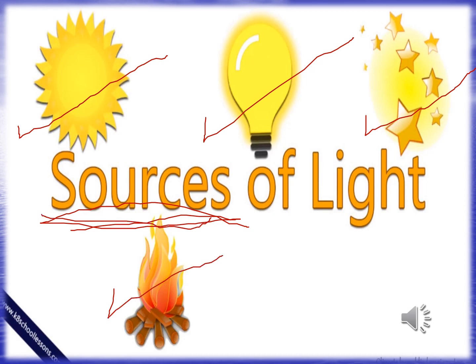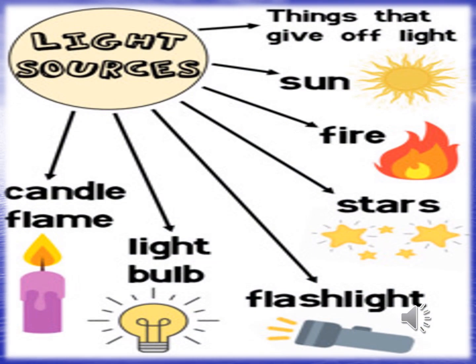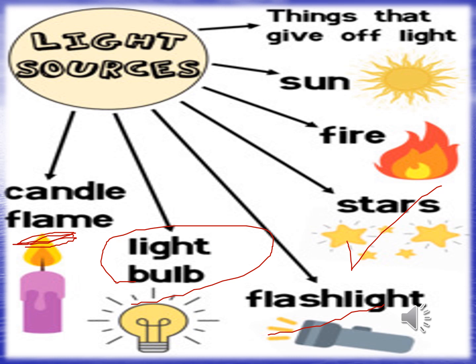So a source of light is something which emits light, or which gives off light. Like what? Like the candle flame or any kind of fire, the light bulb, flashlight, stars, fire as we mentioned, and the sun.